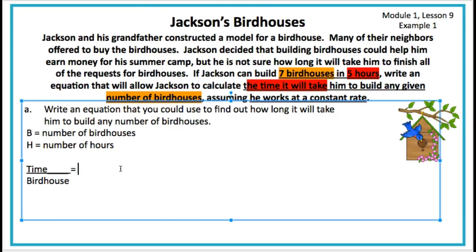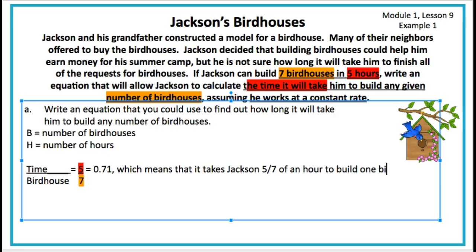So we know 5 over 7, which gives us 0.71, which means that it takes Jackson 5/7 of an hour to build one birdhouse.